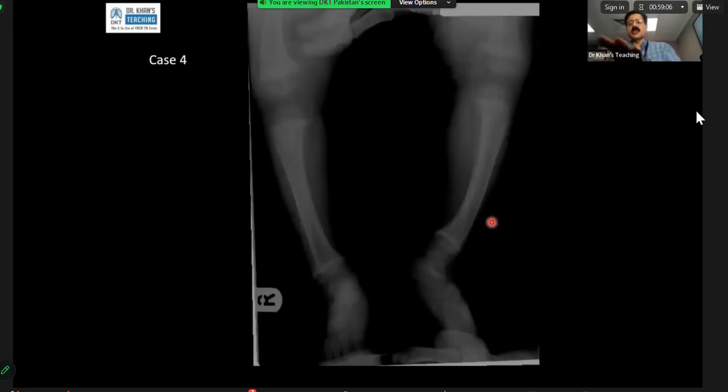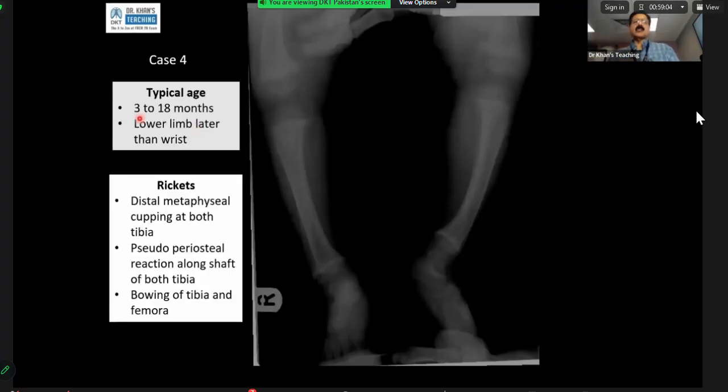Rickets is interesting. Rickets is anywhere between 3 to 18 months. It can happen in the lower limb first and the wrist then. In rickets, it's a pseudo finding. What happens is, if you go back to your normal wear and tear of bone, under the periosteum, new bone formation happens normally.